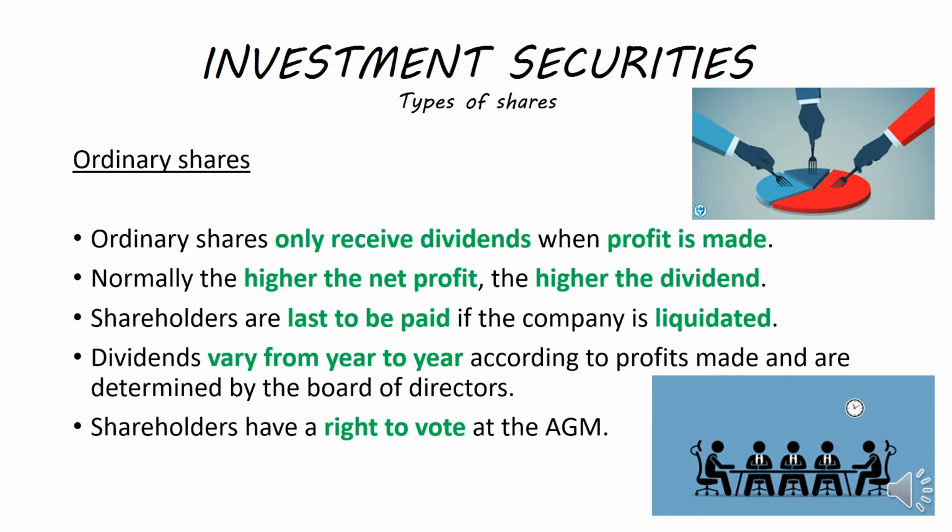So the more shares you have, the more votes you have at the AGM, where they will vote on different things. If they need to appoint a board of directors, if they're going to decide to expand their business, if they want to add another product to the existing product line, any major decisions that have to be made will be made at the AGM and the shareholders will have a right to vote there.